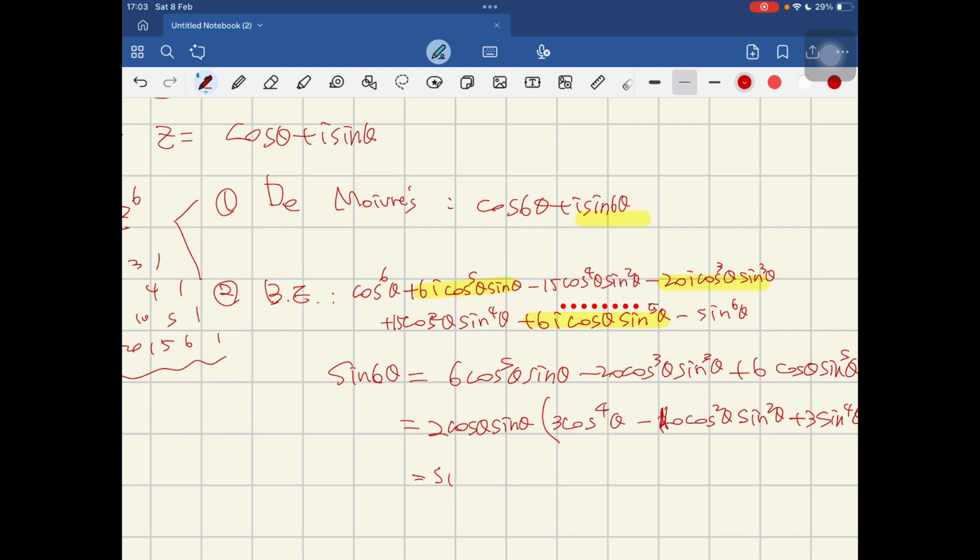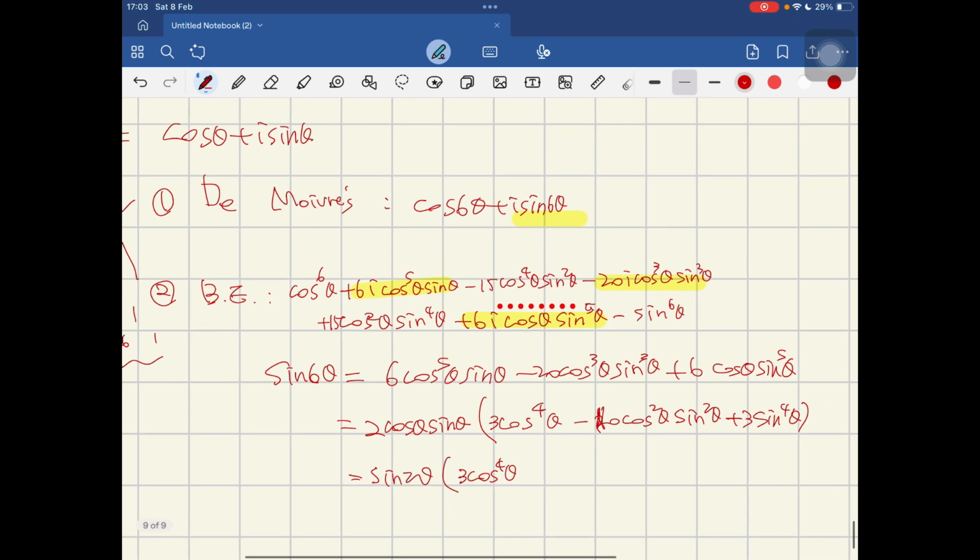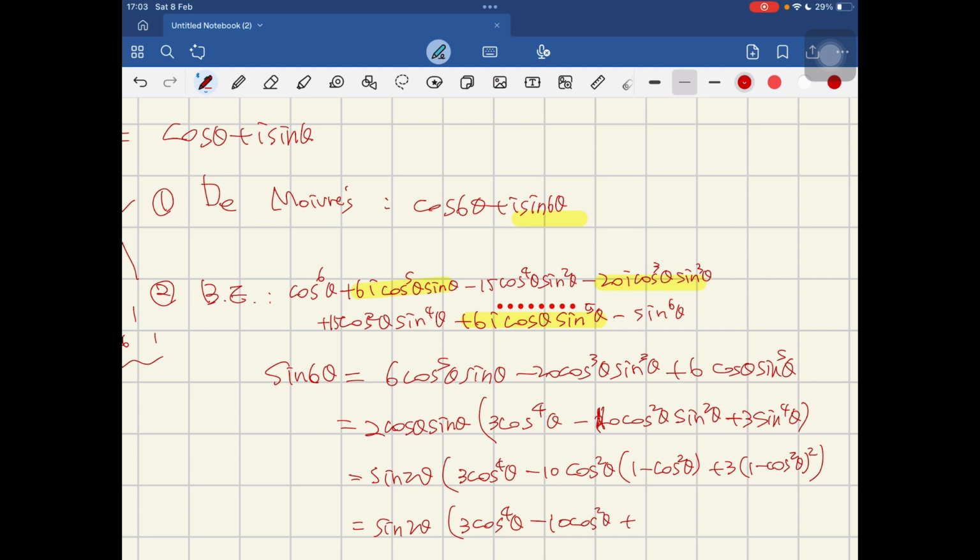So sine 2 theta, 3 cos 4 minus 10 cos squared times sine squared, which is 1 minus cos squared by the Pythagorean identity, cos squared squared. So sine 2 theta, 3 cos to the power of 4 minus 10 cos squared plus 10 cos to the power of 4, plus 3 minus 6 cos squared plus 3 cos to the power of 4.